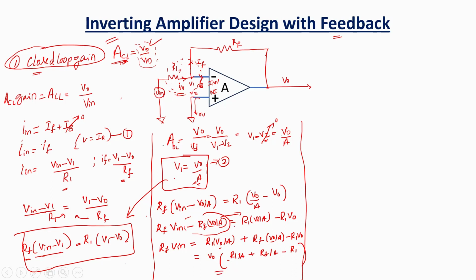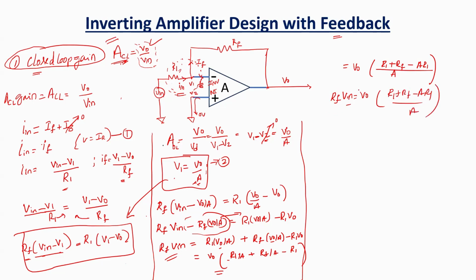We have to simplify this formula. Again, V0 is equal to A times (R1 plus RF minus A times R1). So here, let us bring this now: RF V in is equal to V0 into (R1 plus RF minus AR1) divided by A.